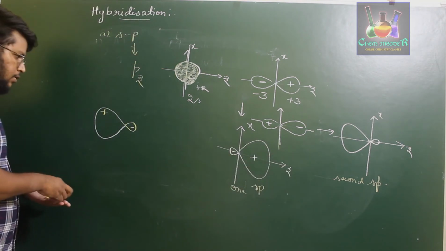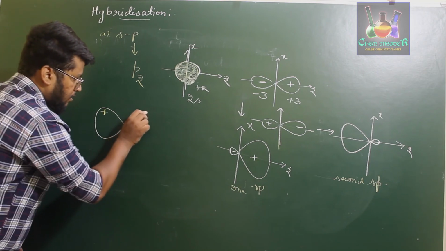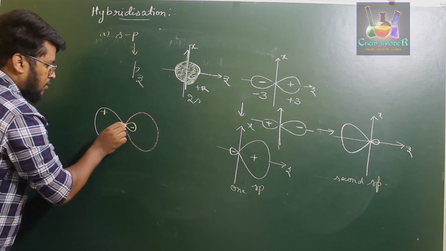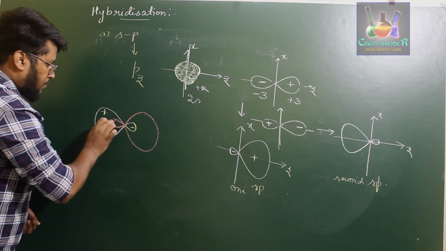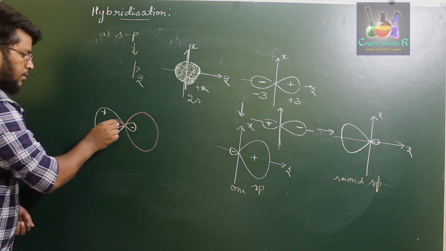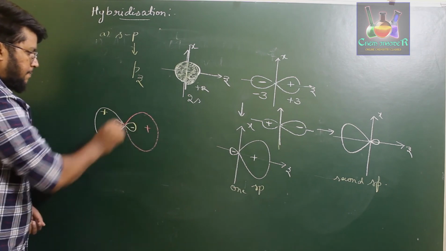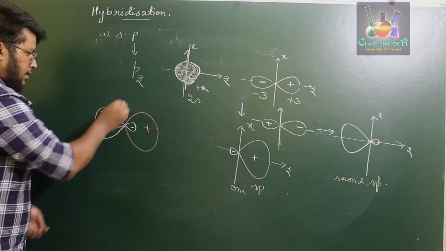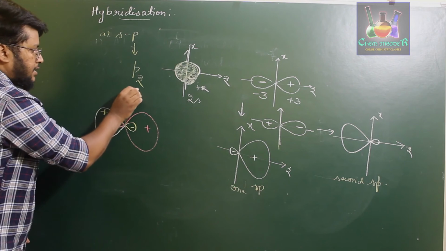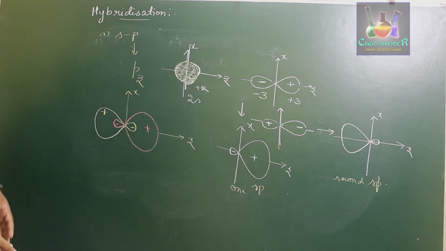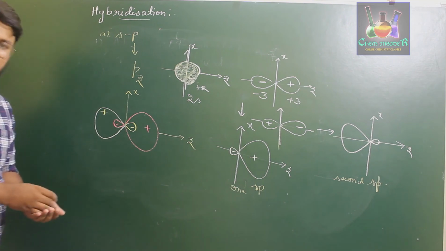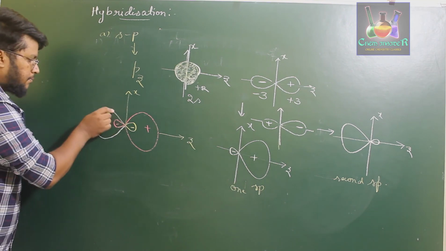Now for the positive one of the other side, this is the other one, this minus and plus. So the axis is, this is x-axis, this is the z-axis. Okay, so these are the two hybrid orbitals of sp.